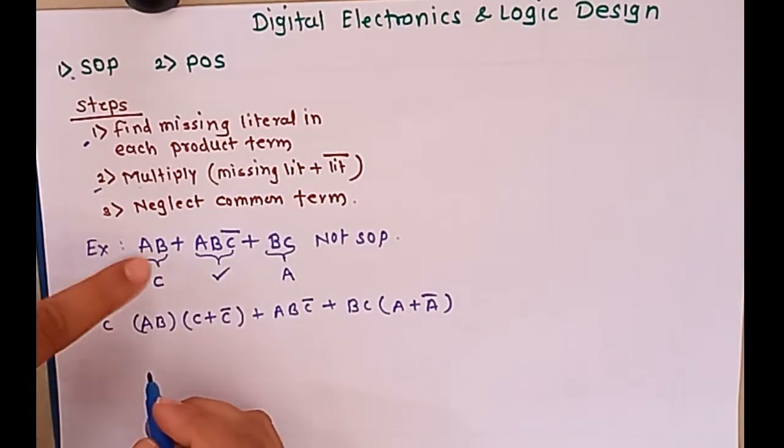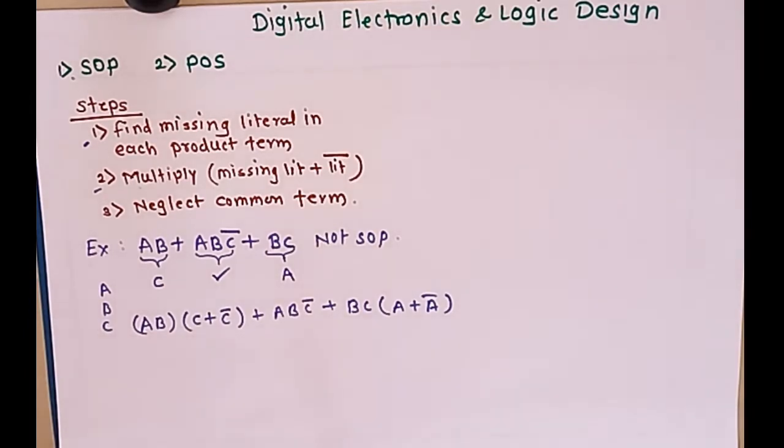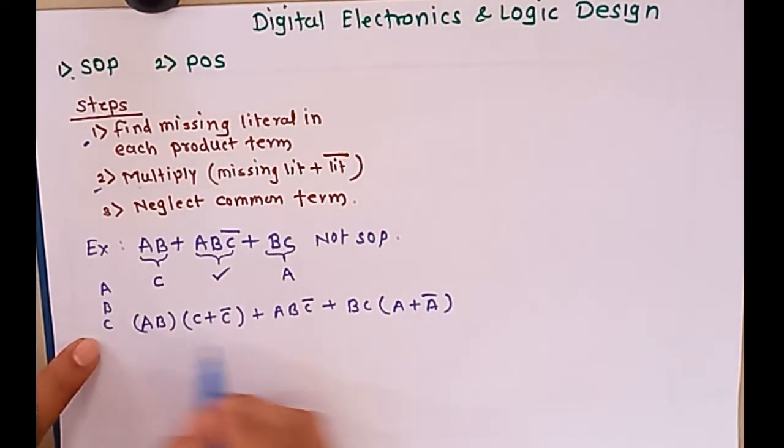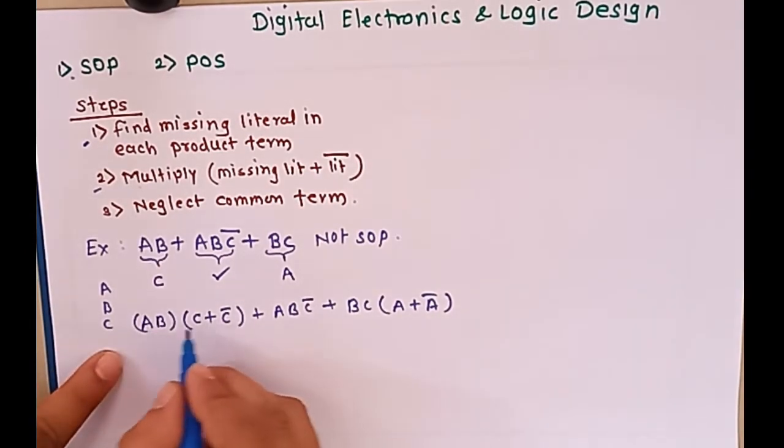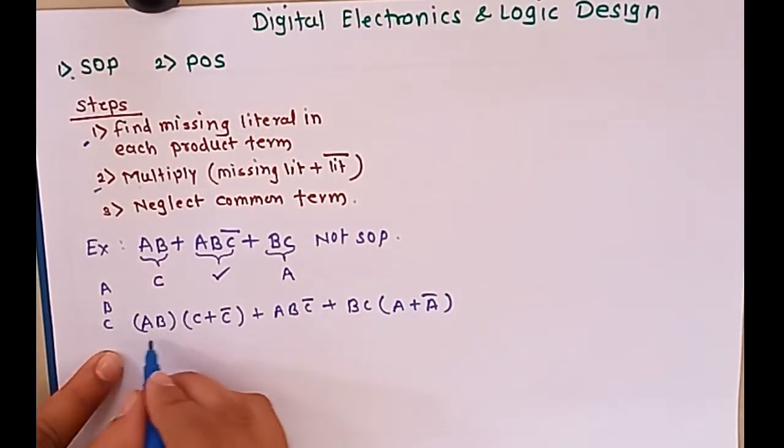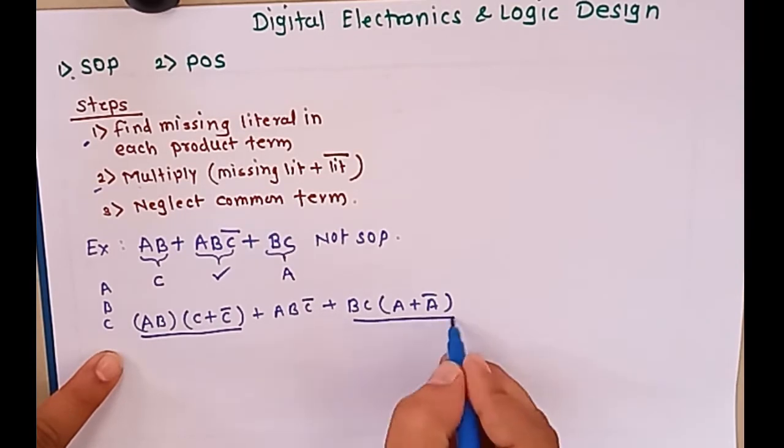Now the third step: neglect the common terms. For that purpose we have to expand this term. First we multiply these two brackets, this one and this one.